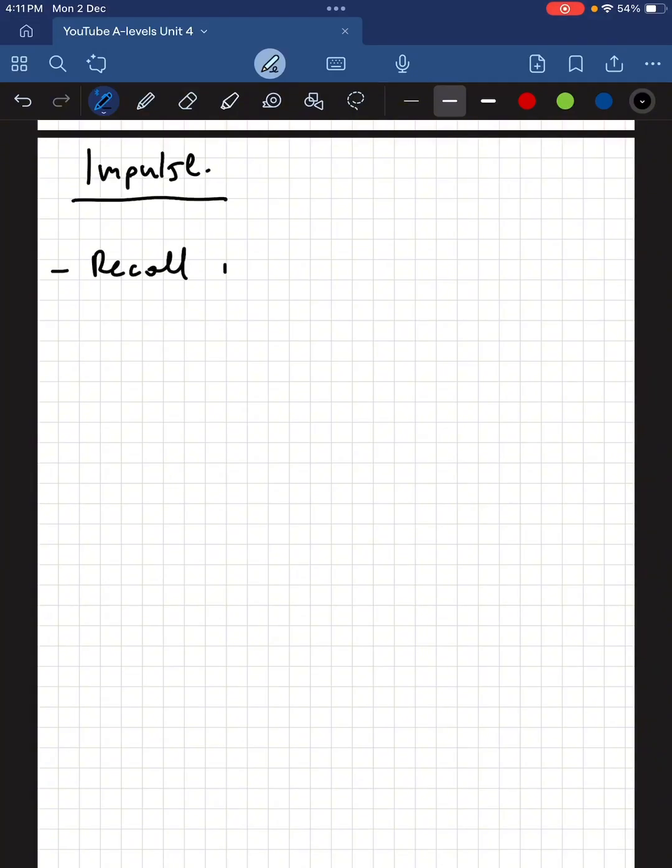So recall that force is given by the change in momentum with respect to time.